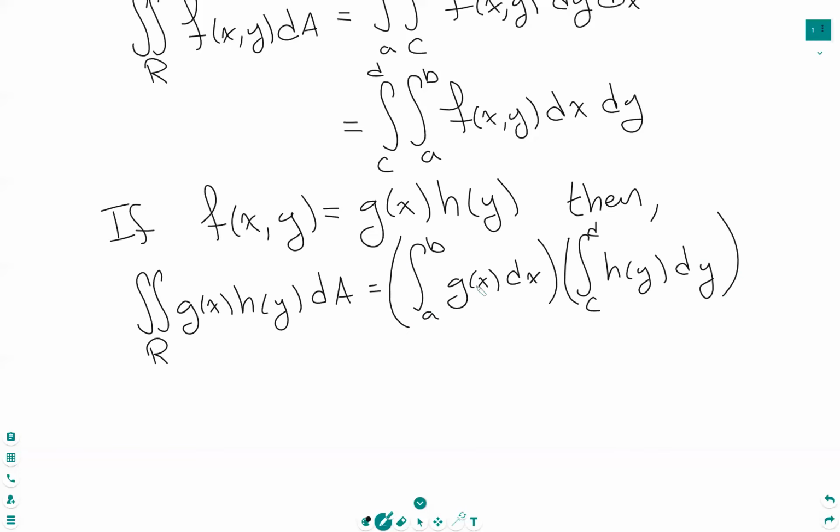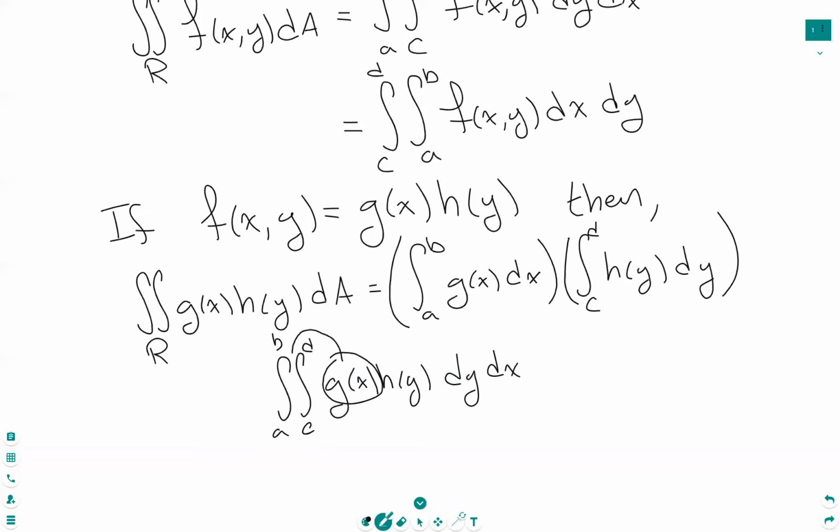The reason for this is because, remember, if we're doing this partial integration, and we had some integral, say a to b, c to d, of g of x and h of y, we're doing dy dx. Well, if I do this y integral first, this thing here is a constant.